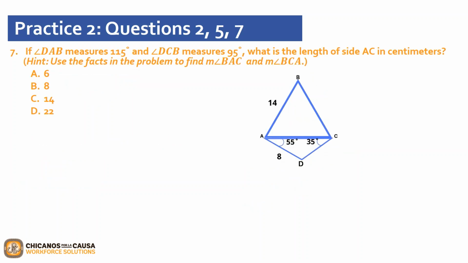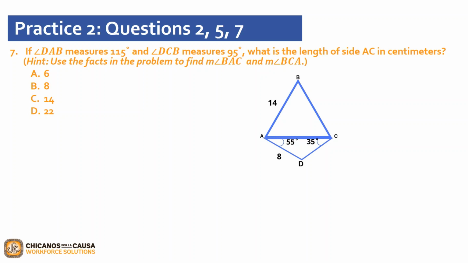Now let's look at question 7. We're going to choose the best answer. If angle DAB measures 115 degrees and angle DCB measures 95 degrees, what is the length of side AC in centimeters?